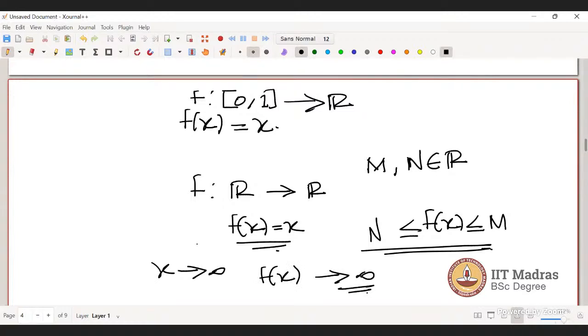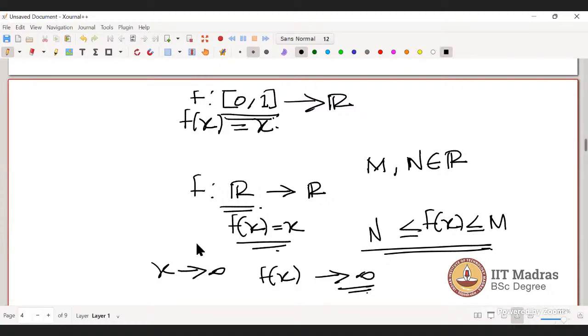So this function doesn't have any bound. As I said, it completely depends on your domain. If I extend the domain, then my function may become an unbounded function. If I pick some suitable domain, then I can make my function a bounded function.